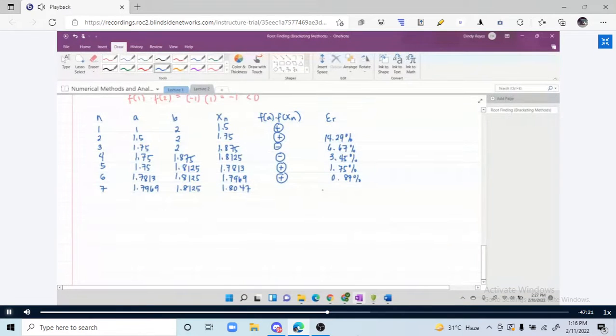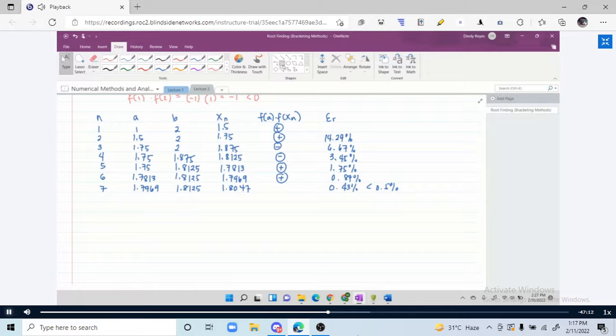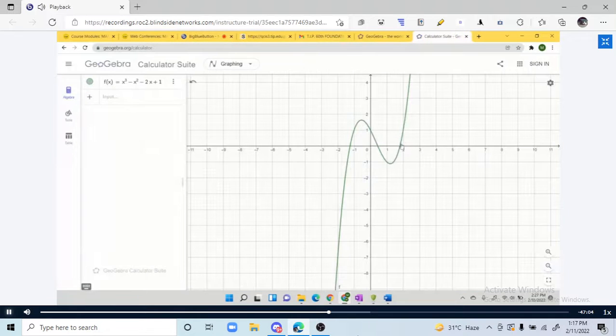Okay, so we have satisfied the stopping criterion. 0.43% is less than 0.5%, our stopping criterion. So, ito na yung sagot natin. 0.8047. In the graph, if you try to look at the graph, it's at 0.8019.